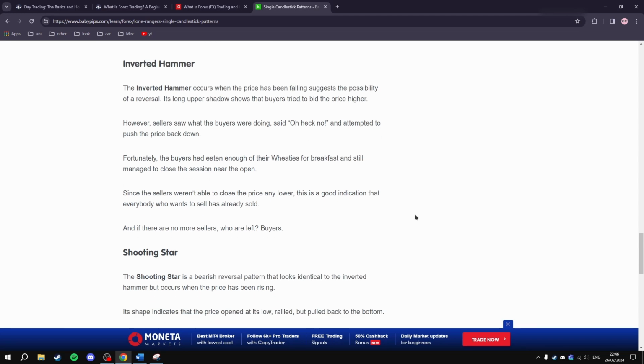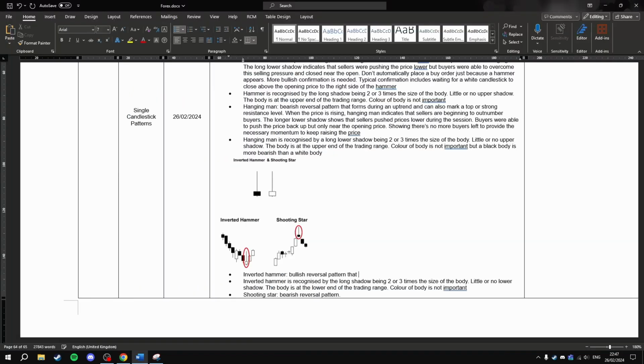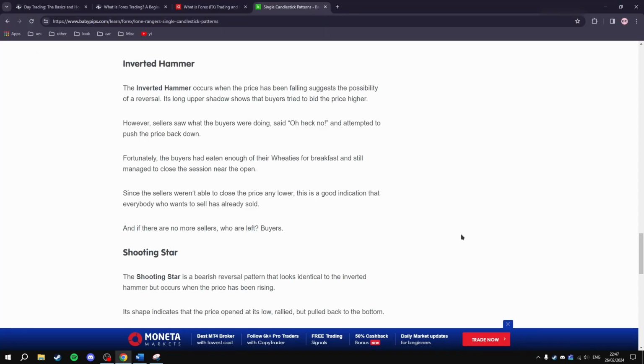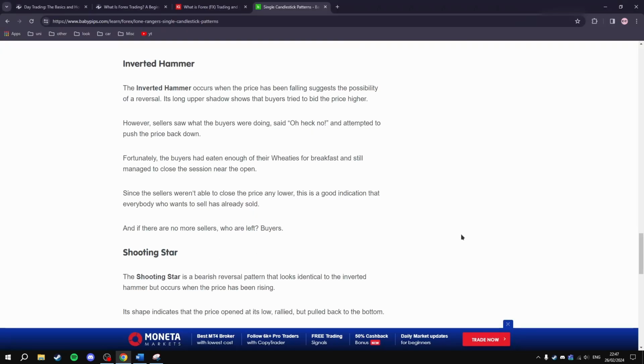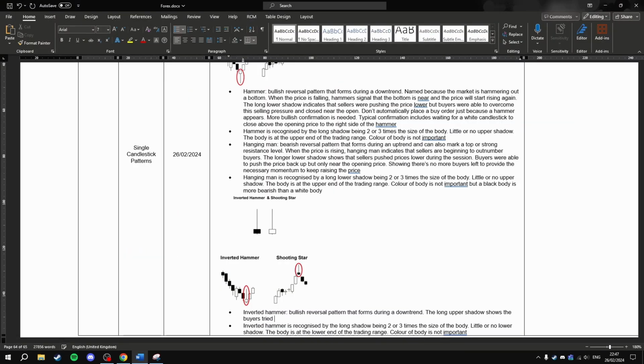Okay, so the inverted hammer. The inverted hammer occurs when the price has been falling, and suggests the possibility of a reversal that forms during a downtrend. Its long upper shadow shows the buyers tried to bid the price higher.